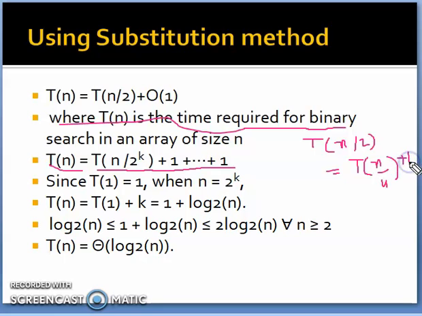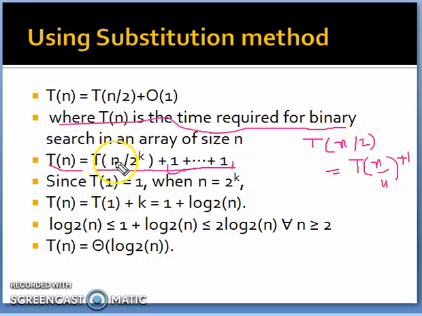Then again we substitute T of n by 4 as T of n by 8 plus 1. So ultimately what we are going to get is T of n upon 2 raised to the power of k, plus these ones, which are going to appear k times. So we will have k as a constant here. So this we have simplified.